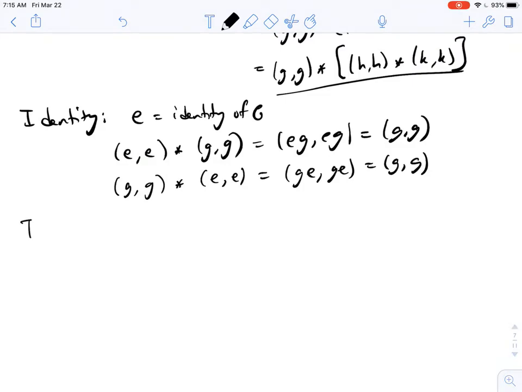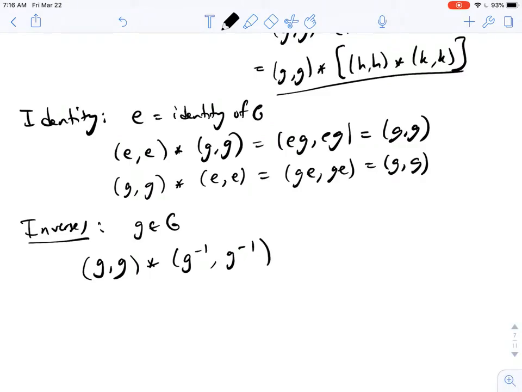Finally, inverses. Well, if I have some g, then that's going to give me this (g, g). And what do I suspect the inverse is? Well, I know little g has an inverse in G, so I just put that in both components.